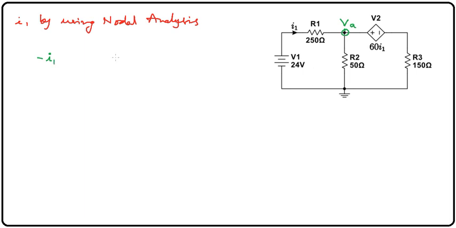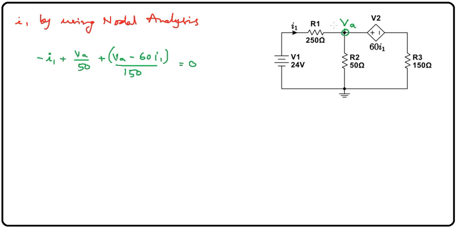Minus I1 is entering towards VA, plus VA divided by 50, plus VA minus 60 I1 divided by 150 equal to 0. That's all. But we need to find VA, maybe, yeah, we need to collaborate with VA and I.